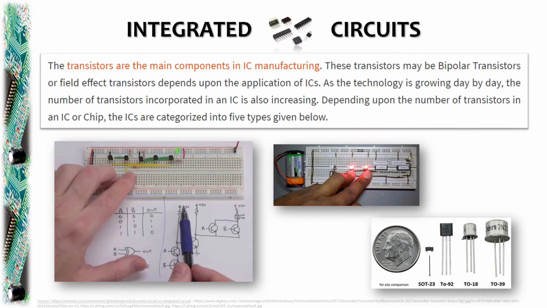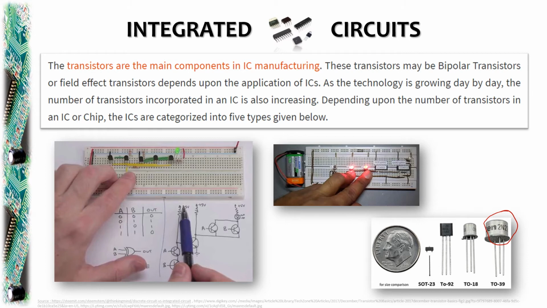See, if I have a little bit larger transistor, just like this first one, and if I incorporate this transistor on an IC, of course it might be possible to fit 100 or 500 like that, right?